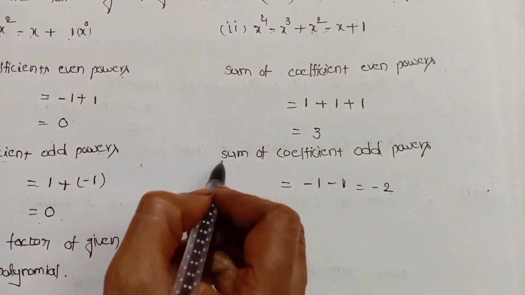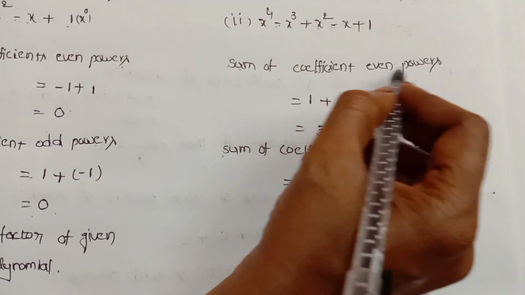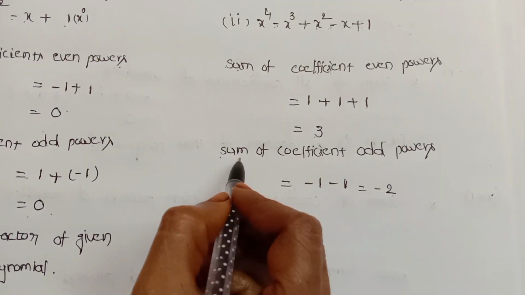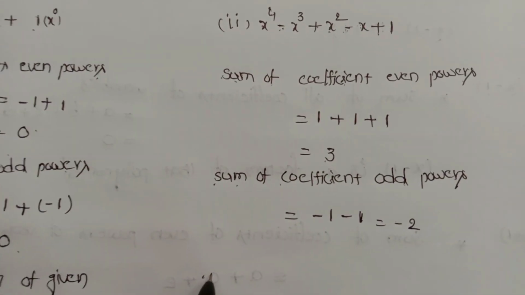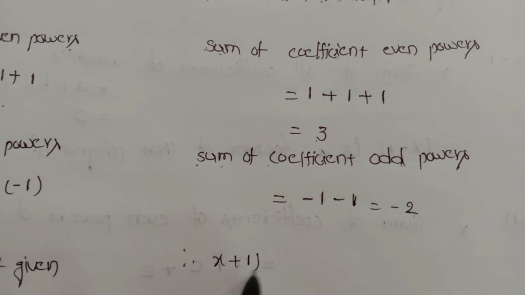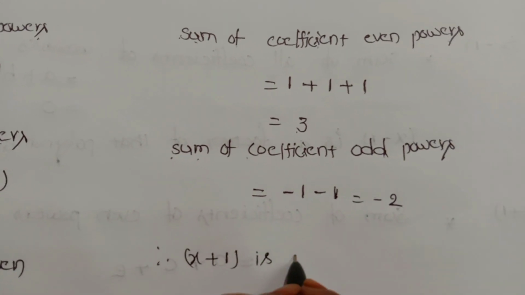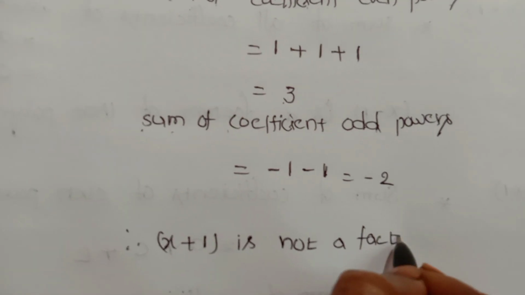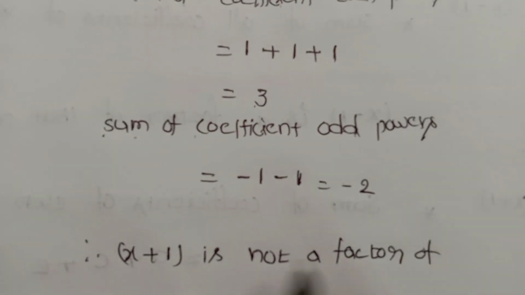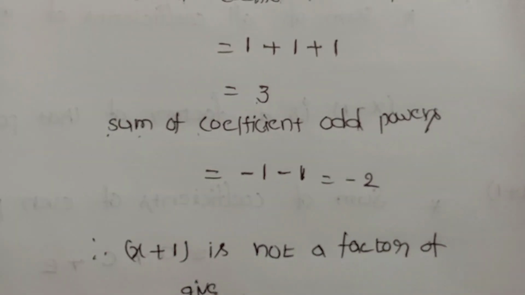You can observe these two. Sum of coefficients of even powers is equal to 3. Sum of coefficients of odd powers is equal to minus 2. Therefore x plus 1 is not a factor of the given polynomial.